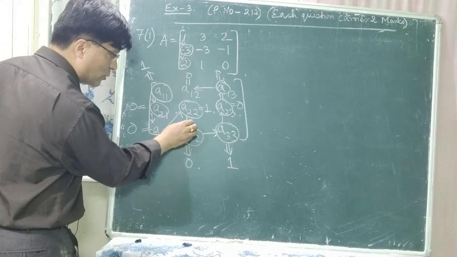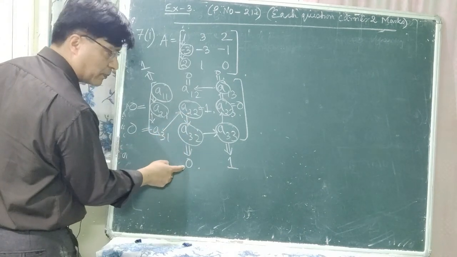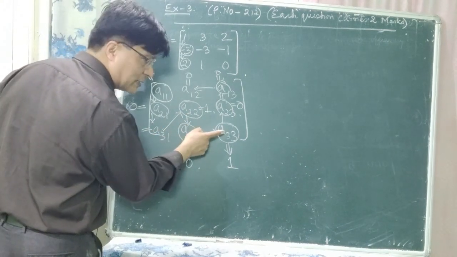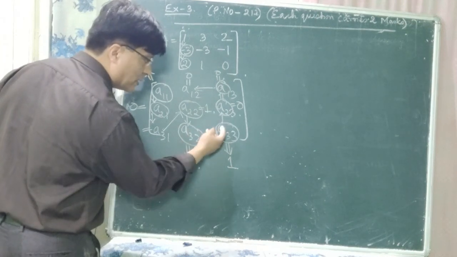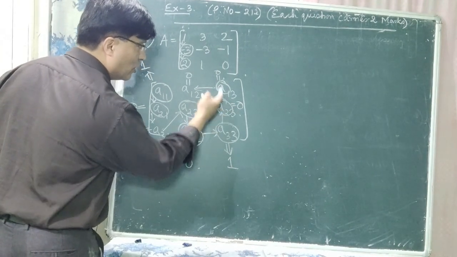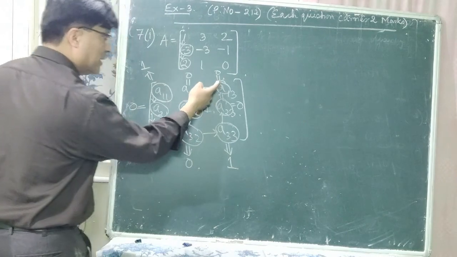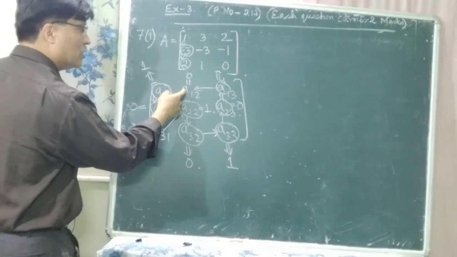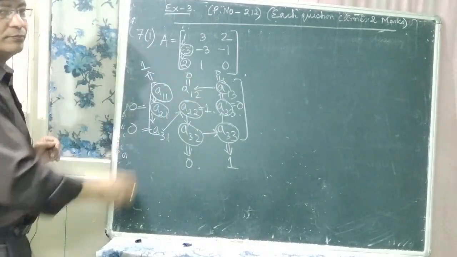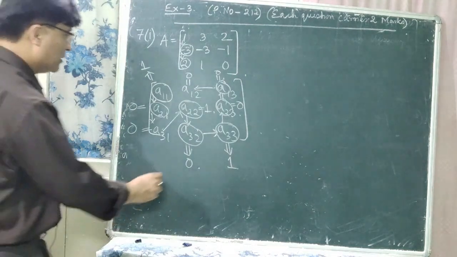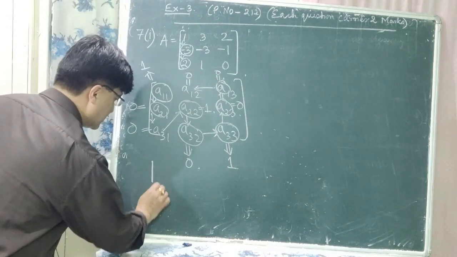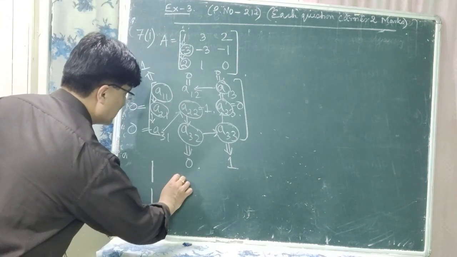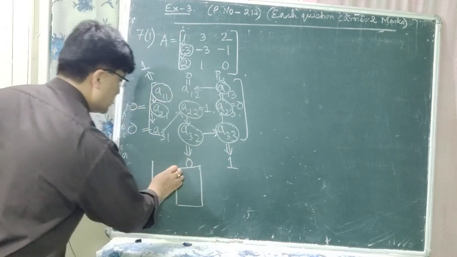Then go in the downward direction, make it 0. Then go in the right direction, make it 1. Then up direction, make it 0, and again left direction to make this A12 0.